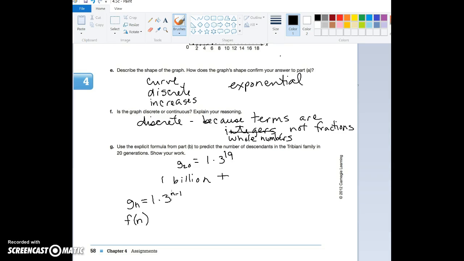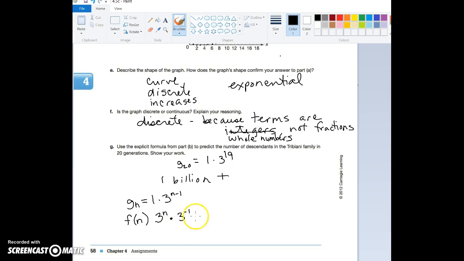Well, how do I take 3 to the n minus 1 power and actually move it around so I don't have that n minus 1 thing? Well, let me show you what I mean. I don't need to worry about the 1, so I'm going to say that it's 3 to the n times 3 to the negative 1 power. So basically what I did was I broke up my n minus 1, and I created two separate numbers, 3 to the n and 3 to the negative 1.